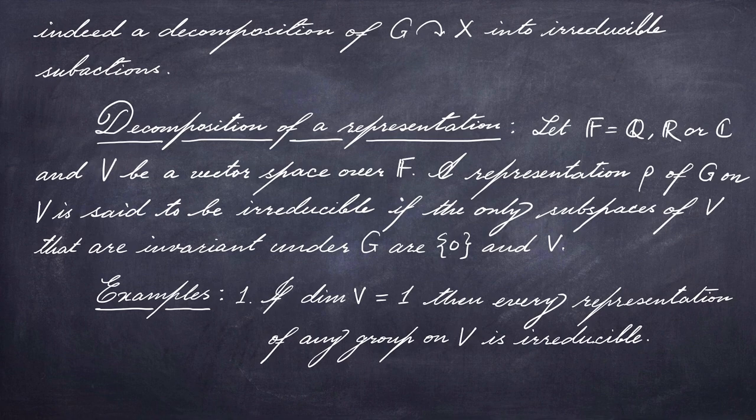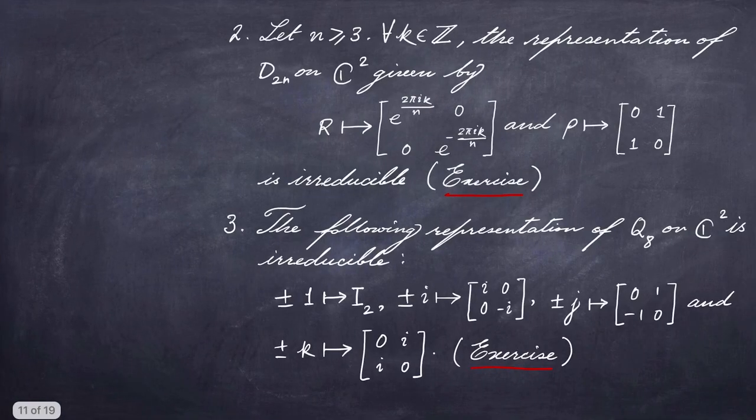So let me give you some easy examples of irreducible representations. The first example is if the dimension of the representation is 1, then of course any action of any group on any vector space of dimension 1 has to be irreducible.